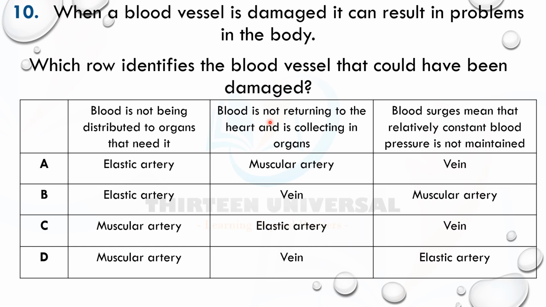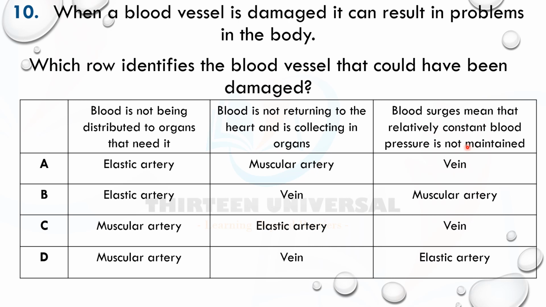Now, blood is not returning to the heart and is collecting in organs. So which blood vessel returns blood to the heart? Vein. Okay, between these two, vein. Blood surges mean that relatively constant blood pressure is not maintained.